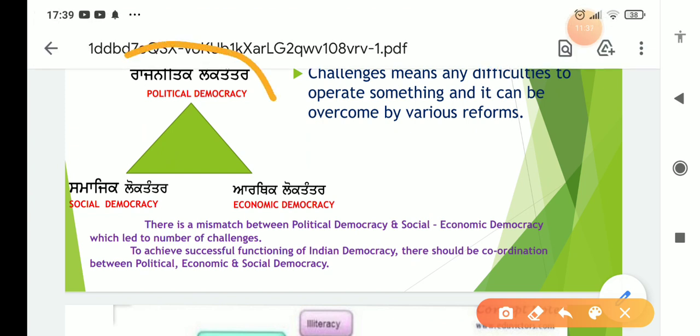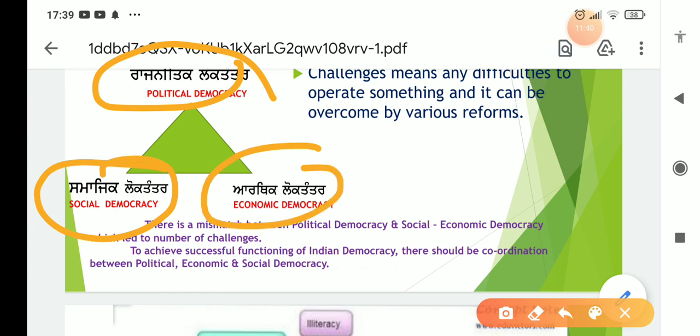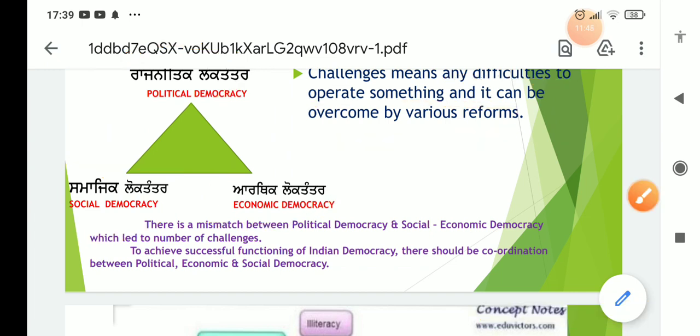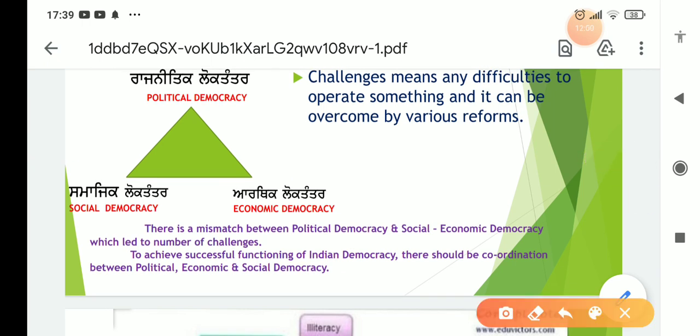These three factors have led to many difficulties in the proper operation of our political system. So if we want to achieve successful functioning of Indian democracy, there should be coordination among these three systems: political system, economic system, and social system.